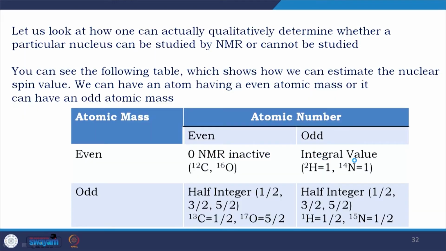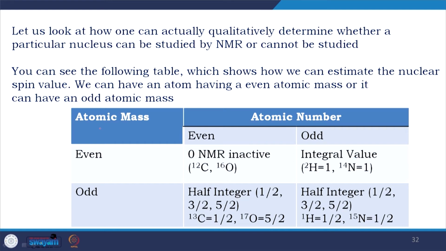Let us look at how one can qualitatively determine whether a particular nucleus can be studied by NMR or cannot be studied. You can see the table here which shows how we can estimate the nucleus spin value. We can have an atom having an even atomic mass or an odd atomic mass.